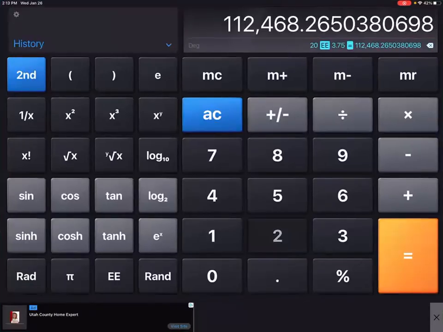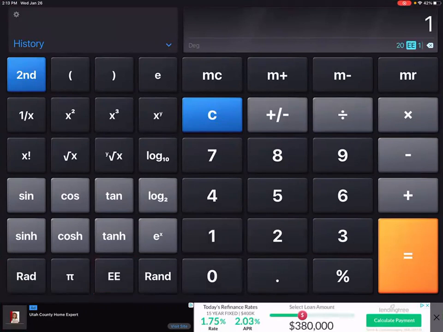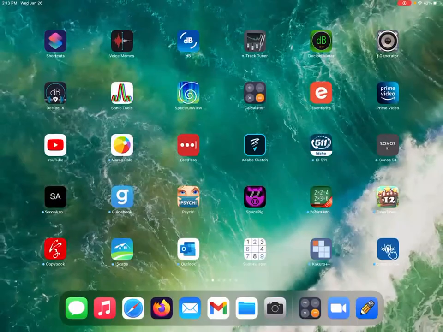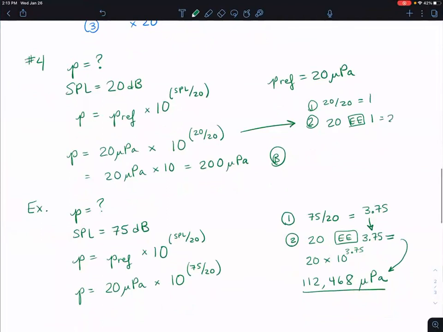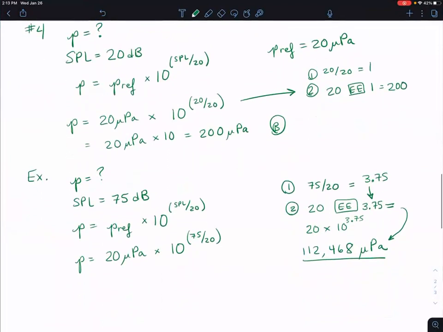Okay, so 20 EE 1 gives us 200. So that is what the EE button is, times 10 raised to that power. Hopefully those are helpful to help you know how to do those on your calculator. When you go to the testing center, you will need to have a calculator with a log and an EE button, or you will need to borrow one from the testing center.